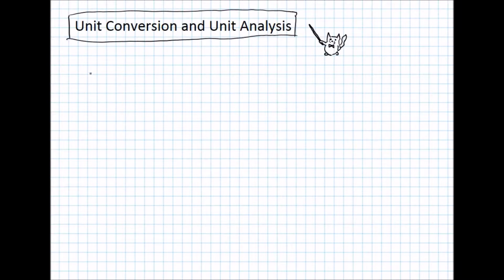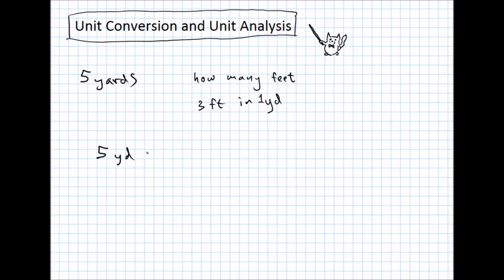If I have 5 yards of distance, some 5-yard long thing, and I want to know how far that is in feet, well, I need to do a unit conversion from yards to feet. Now, you may know that there are 3 feet in 1 yard. So what you do is you take your 5 yards and multiply by a conversion factor.